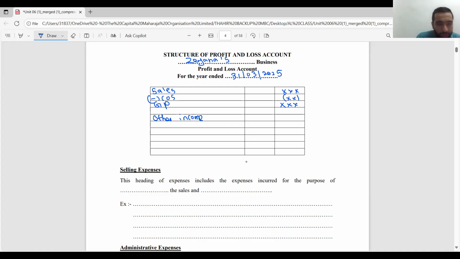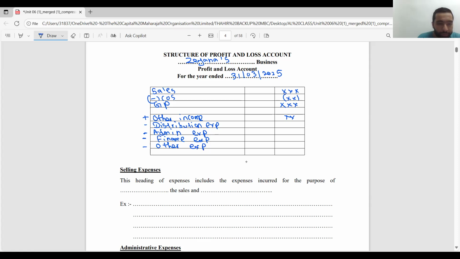And then you put expenses: distribution expense, admin expense, finance expense, other expense.